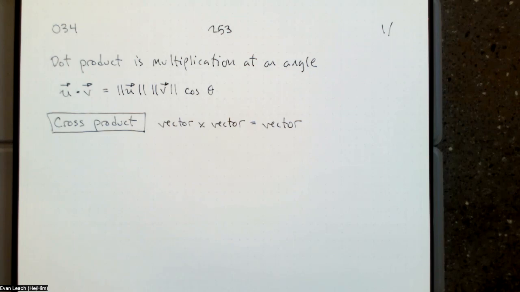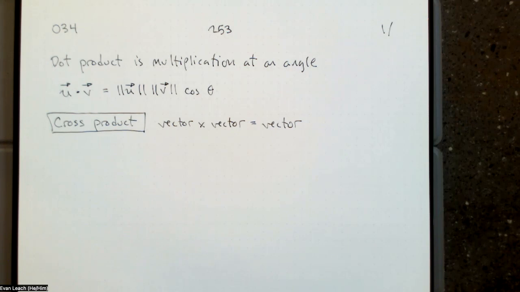The goal here is to generalize breaking into horizontal and vertical components. We want to take a vector u and write it as a sum of a vector parallel to v and a vector perpendicular to v. For that, we need to multiply at an angle, and for that, we need the dot product.